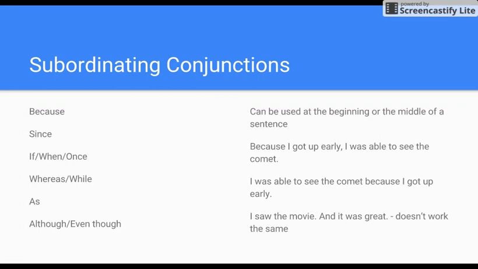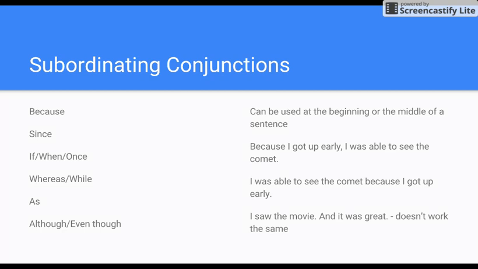If I say, I saw the movie. And it was great, the word and refers to the first sentence. It's adding something to the first sentence. Whereas because, since it's a subordinating conjunction, is referring to the sentence itself.